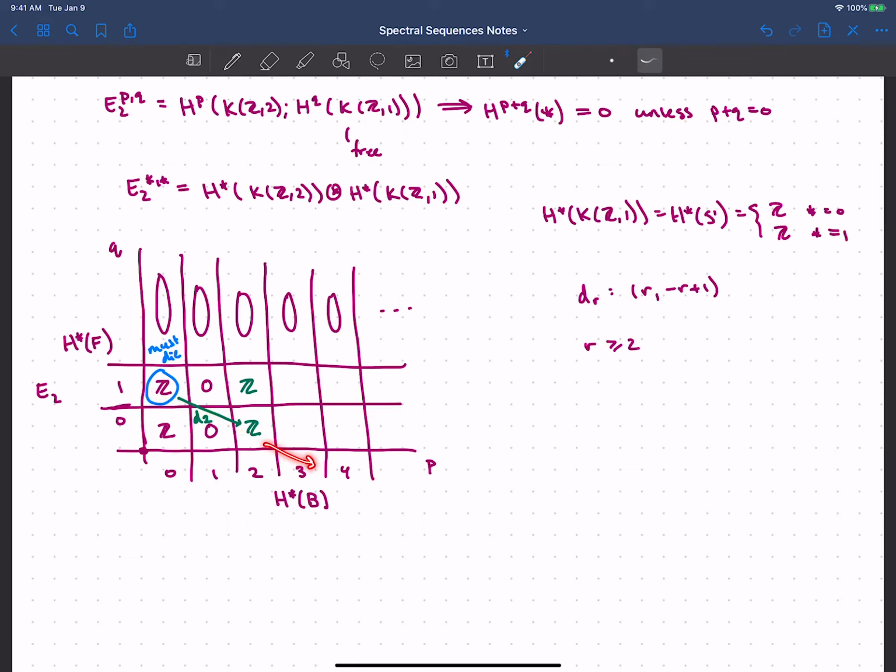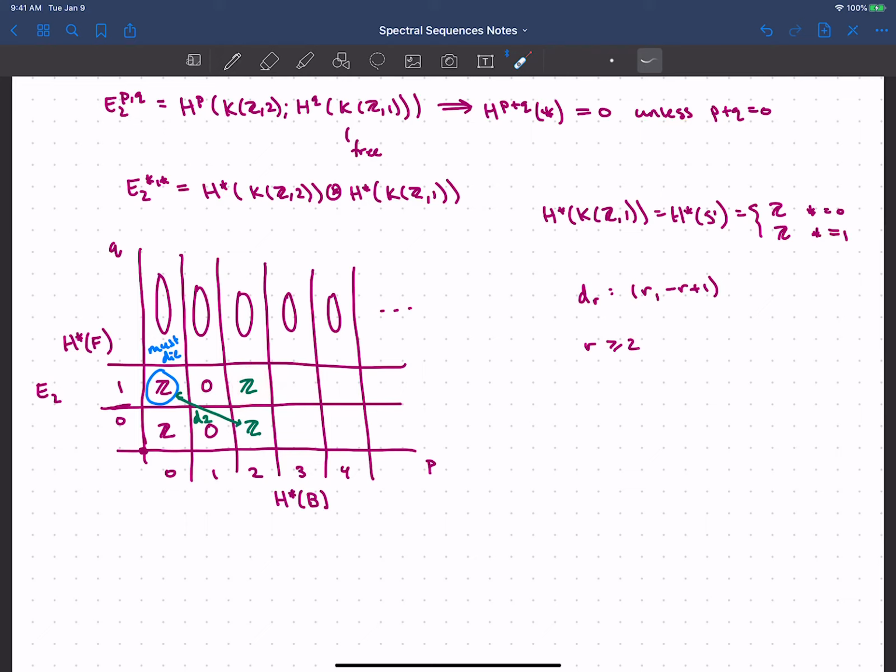Here the kernel is 0, but then the image is all of Z, so I'll end up with nothing there. And nothing is coming into this, and the kernel will be nothing on the E2 page. If this is an injection, let's maybe mark that as an injection. And so right now those groups are fine, but this new copy of the integers needs to die.